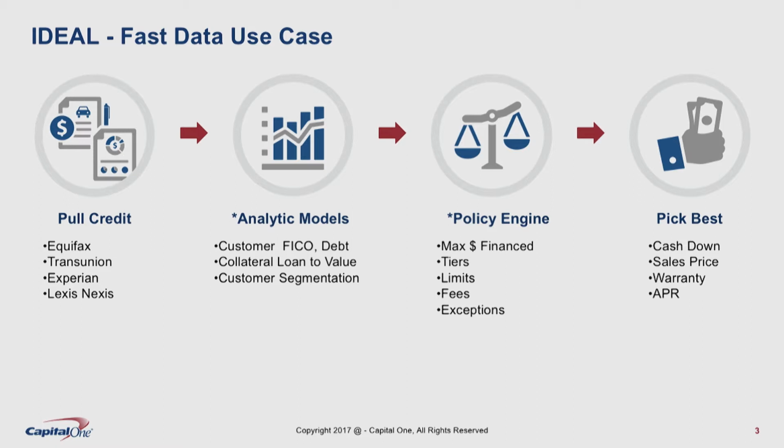We have to calculate what your debt is and segment out your customer. And then we have to run policies, weighing how much you can finance versus what we scored you on. We have to pick the best term, that set of offers, and give that to the customers. That doesn't sound so bad. I can do that in about a second.